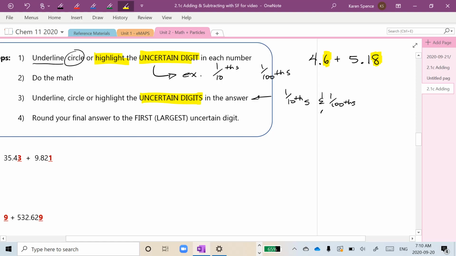Then you calculate your answer. So do the math. So that's going to be 9.78. And then you're going to highlight your uncertain digits. Well, this 6 makes the tenths position uncertain, and the 8 makes the hundredths position uncertain. But we can only have one uncertain digit, so we have to round to that first or largest uncertain digit, and that would be 9.78. Okay, so round your answer to the first or largest uncertain digit.